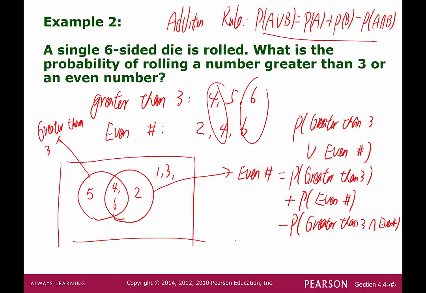Greater than 3 will be 3 over 6. Even number is 3 over 6. The intersect between those two will be two numbers, 2 over 6. So 6 minus 2 is 4 over 6. Reduced, it is 2/3. So the probability of greater than 3 or an even number will be 2/3 of the time.